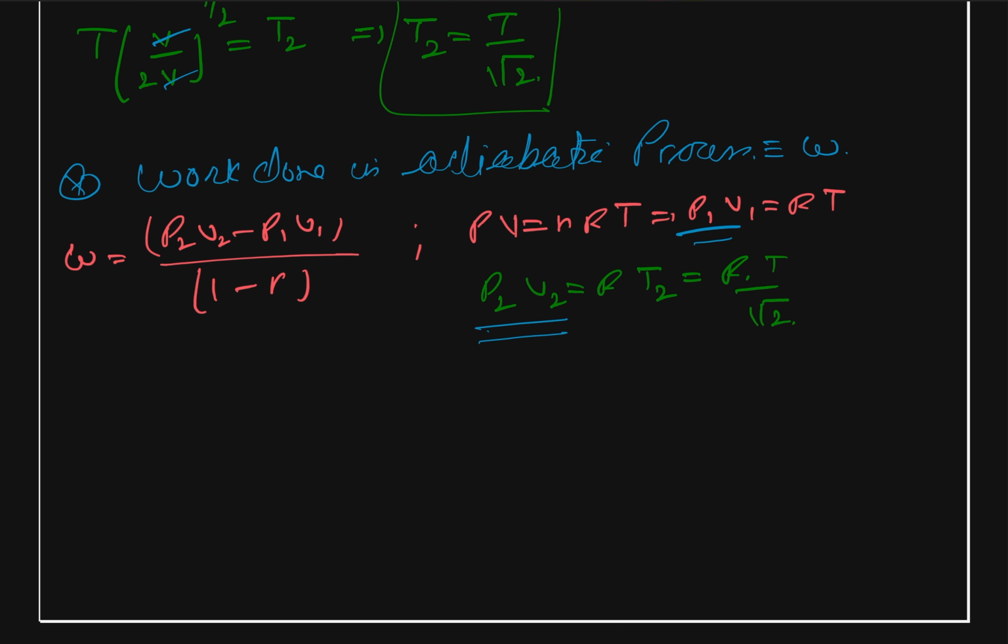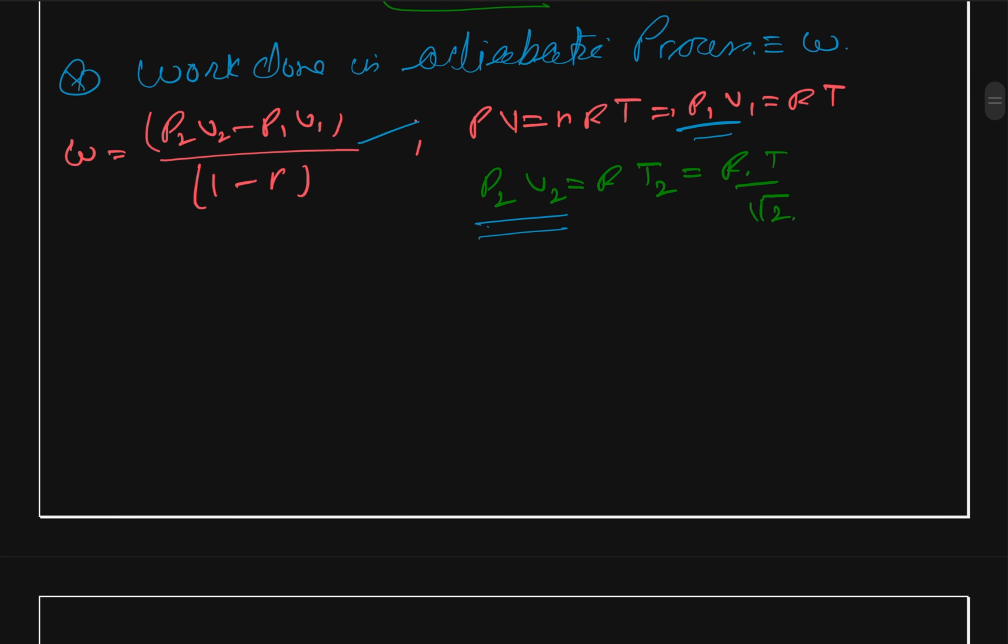So we substitute and we get the work done is equal to 1 minus gamma, that is 1 minus 3 by 2, and P2 V2 is RT upon square root of 2 minus RT, which is P1 V1. Now it is quite easy.